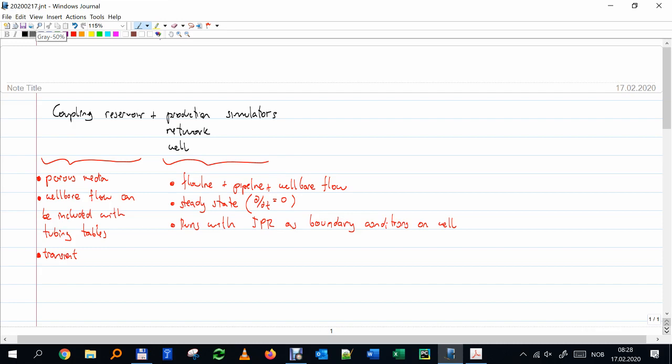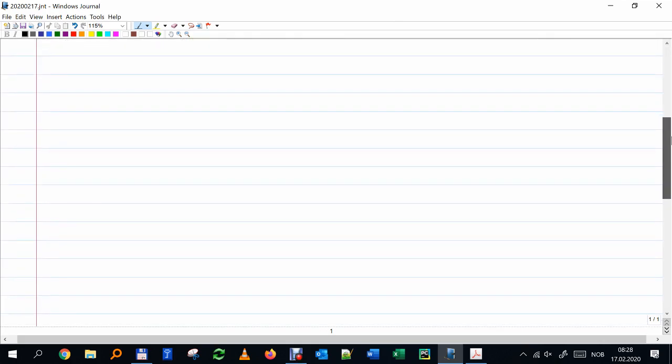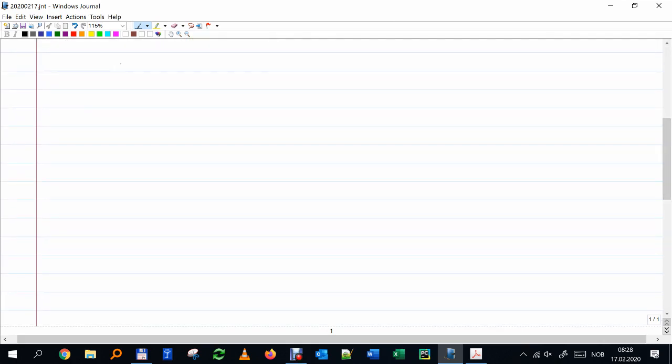I think we have done this diagram in the past. On one side we have the reservoir simulator, and on the other side we have this production simulator.